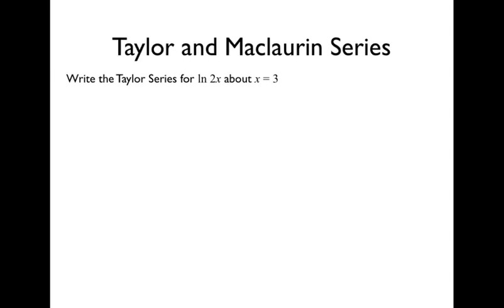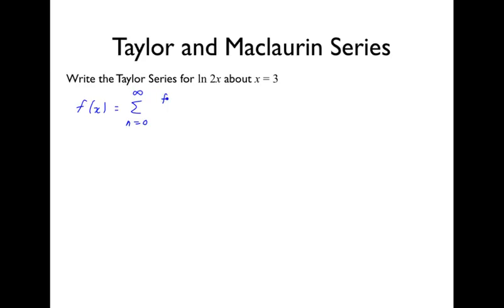We're going to build this from scratch. Let's write down the general formula for a Taylor series. A function f can be written as a series, and do you remember what it is?